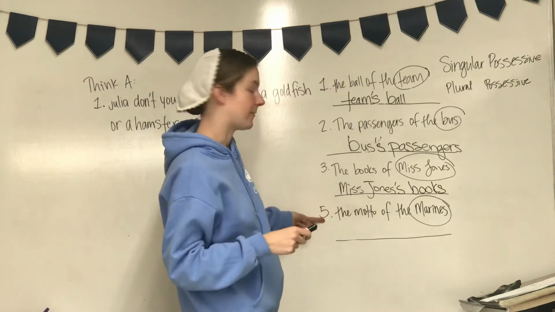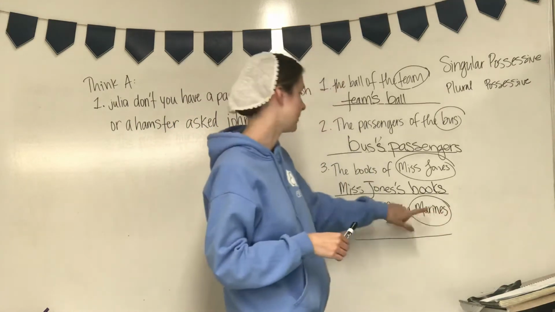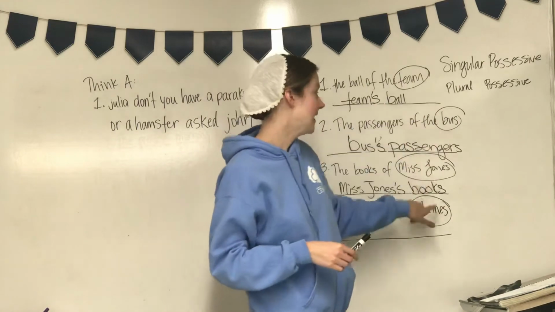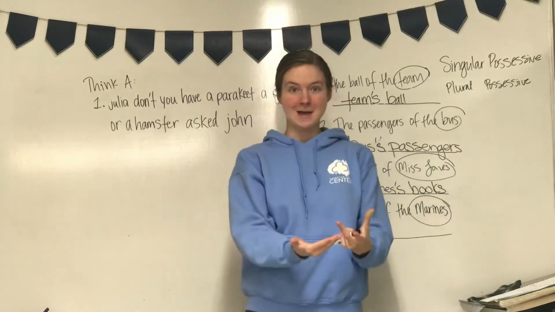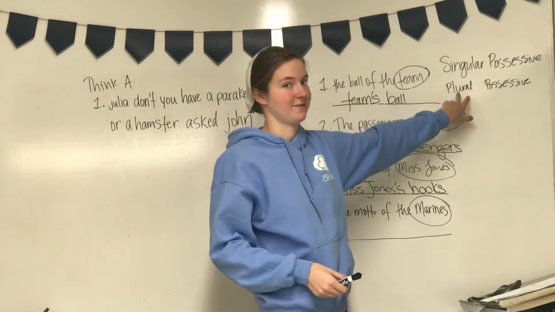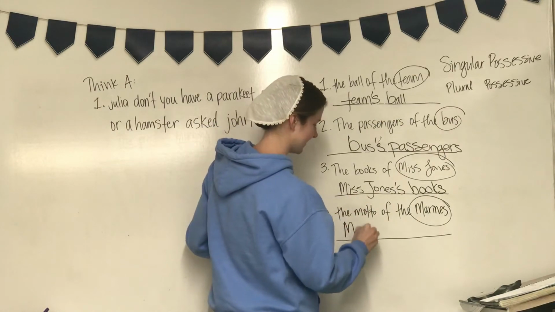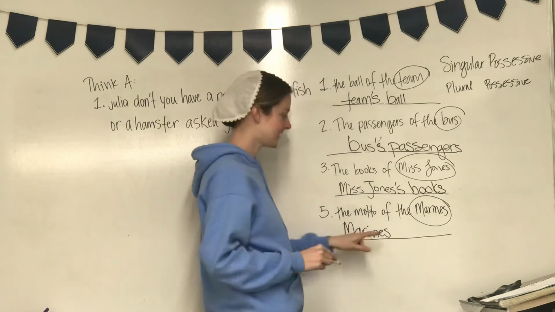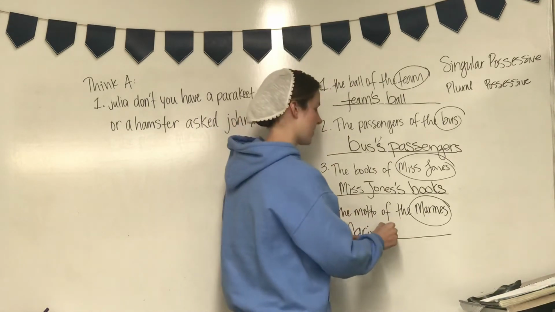Now jump down to number 5, the motto of the Marines. Look at the Marines, the last word. Now this word is plural, it means many Marines. So in order to make it possessive, we need to make it plural possessive. Do you remember how we did that? Marines. It already ends in S, so to make it plural possessive, it's already plural, we're just going to add an apostrophe.